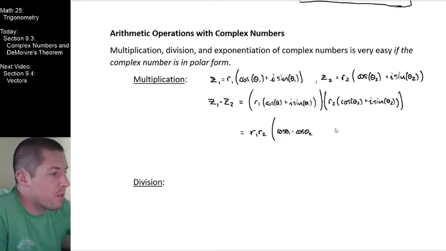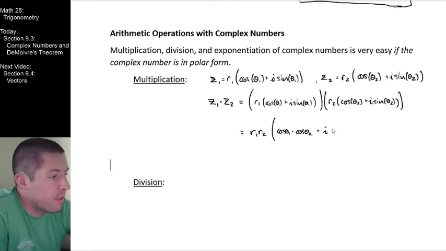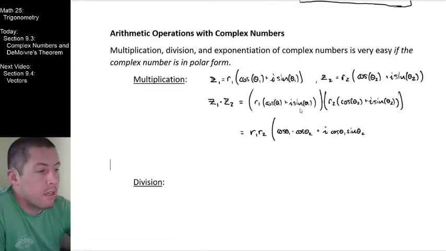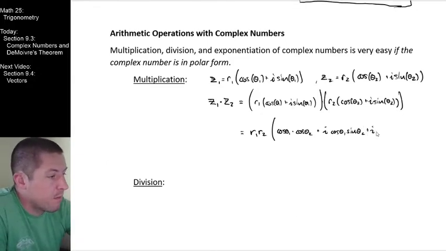Outer says cosine theta 1 times i sine theta 2, so I'm going to get plus i cosine theta 1 sine theta 2. Inner says I'm going to do the inner two terms. So it looks like I'm going to get an imaginary term again because there's an i on this one. Plus i sine theta 1 cosine theta 2.